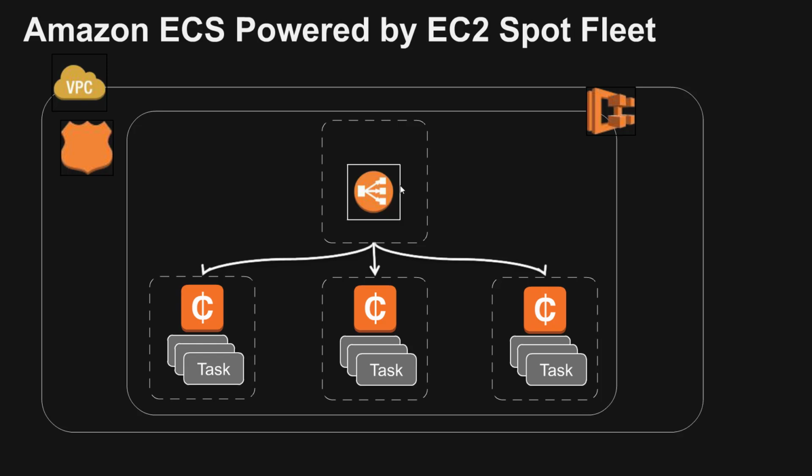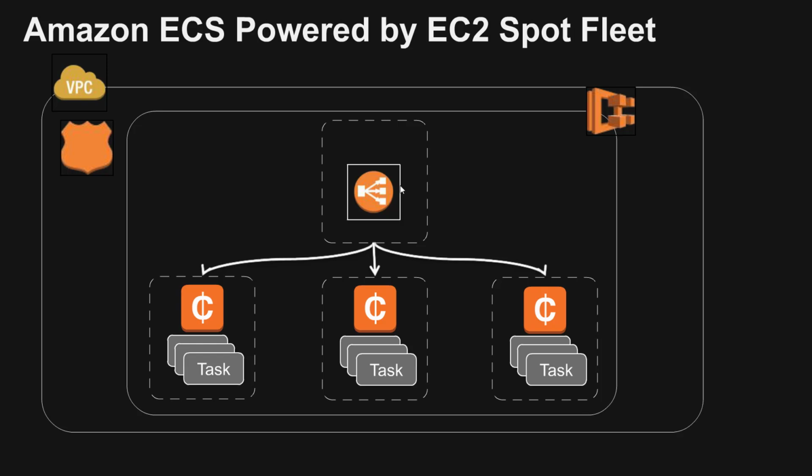In this case, ECS is going to do a really good job of making sure that it squeezes every single resource out of all of your EC2 instances as best it can, because it's going to simply treat your underlying capacity as a pool of resources. So you can do things like smart bin packing.